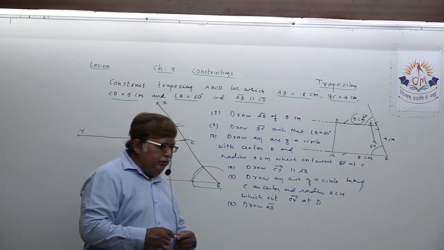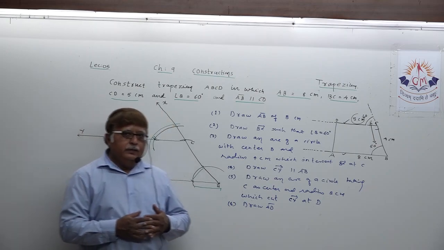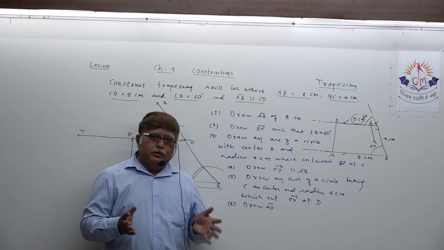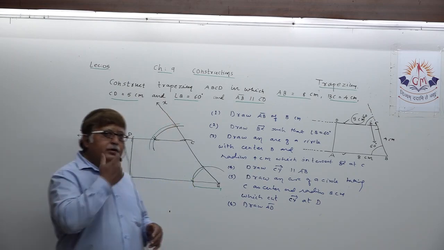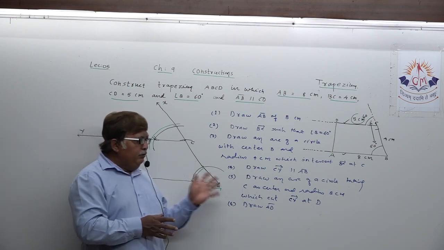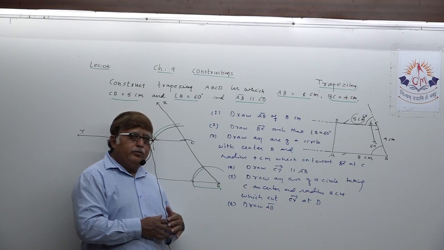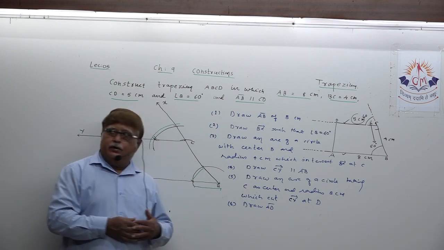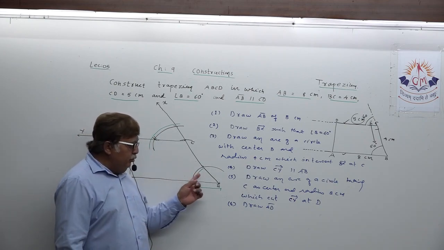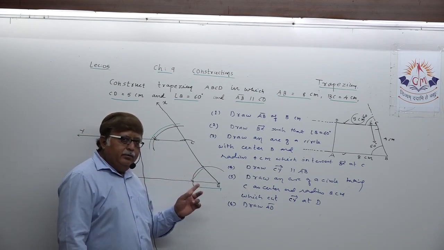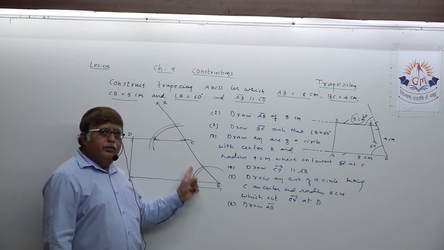And then the concluding steps you all know very well. Okay, this way the trapezium ABCD has been constructed under the given condition. This is the construction of trapezium which we are targeting. What you need to remember and be very sure about is regarding these two angles.